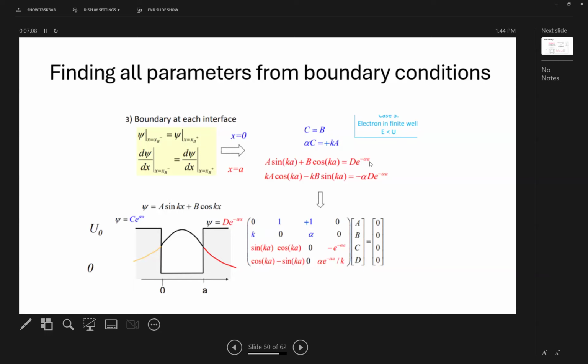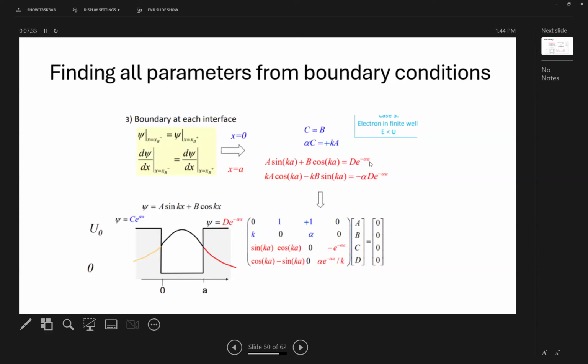Okay. In a similar way, when we solve this problem of wave functions psi, we have to know what is the relation between psi at the left hand side of the boundary and psi at the right hand side of the boundary. Okay. So this is the intersection. Consider this, that this is the intersection.